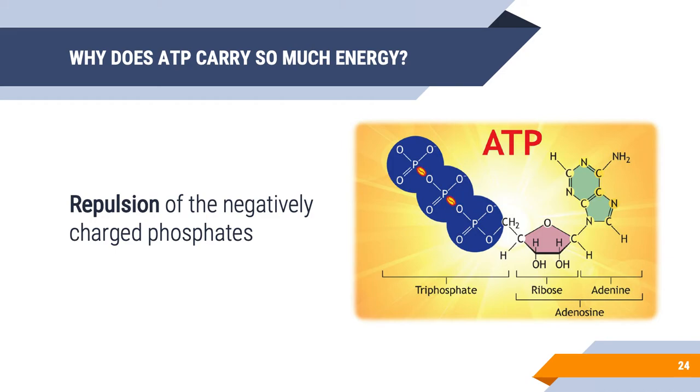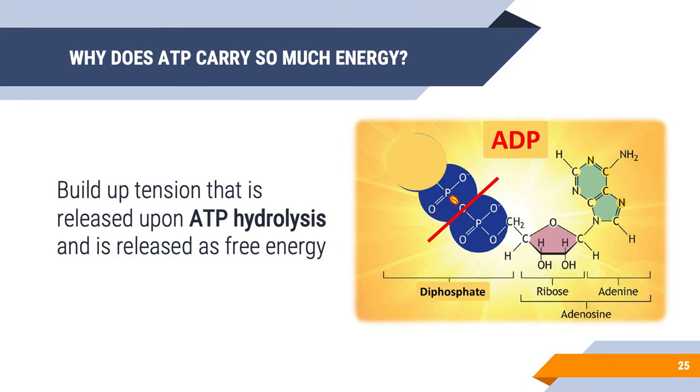It's like moving magnets towards one another. There's this repulsion when the charges are the same direction. These negatively charged phosphates are repelling each other, creating a buildup of tension, so that upon ATP hydrolysis, or the removal of one of those phosphate groups, this free energy is then released.